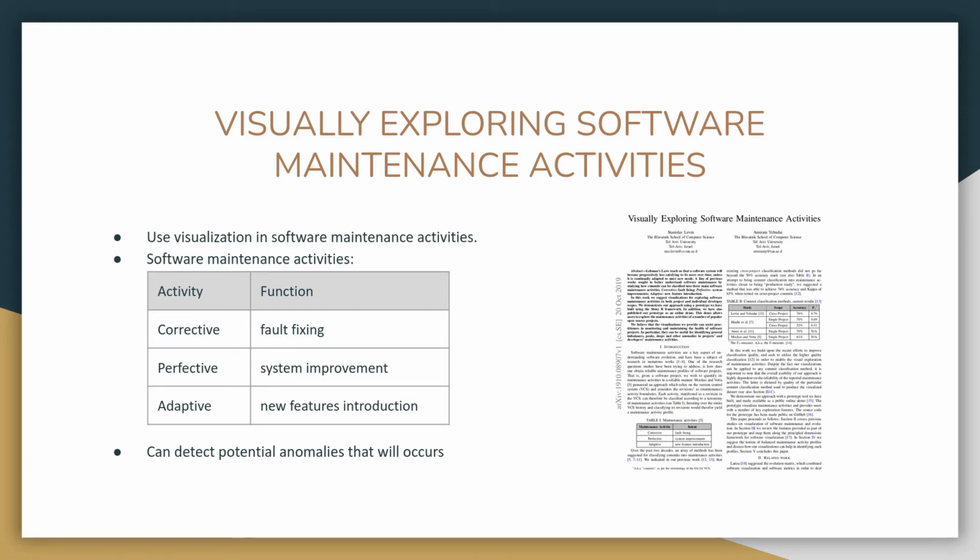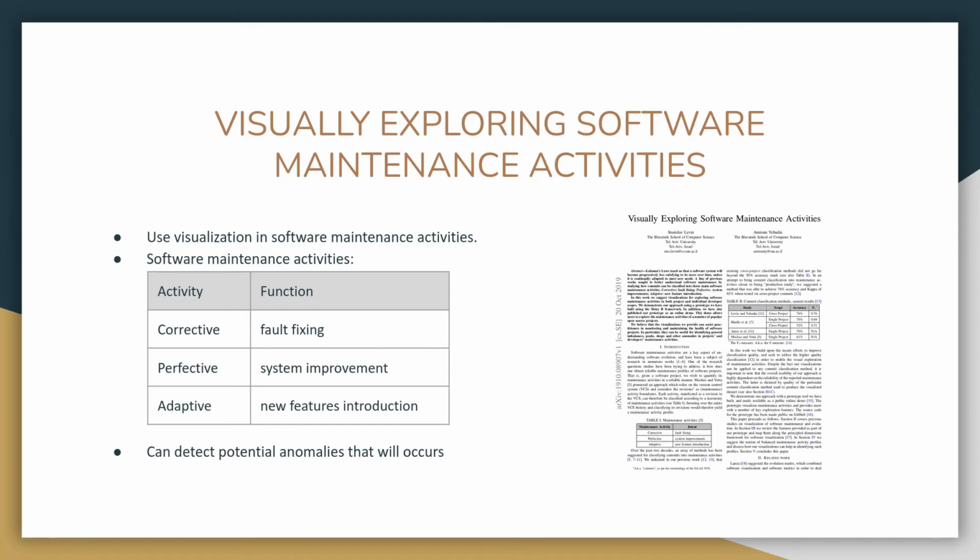Therefore, by visualizing the maintenance activity, it can improve the way to extract the needed information that will assist the maintenance process. The visualization is used to detect potential anomalies that will occur in the maintenance activity. This will reduce a huge amount of cost for software maintenance.